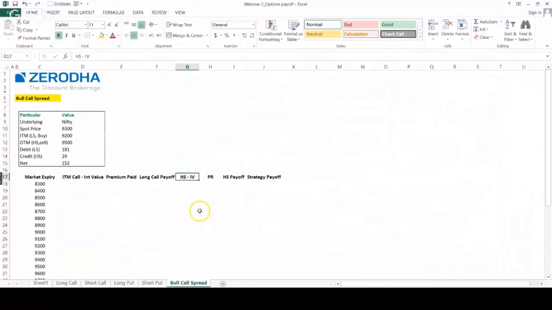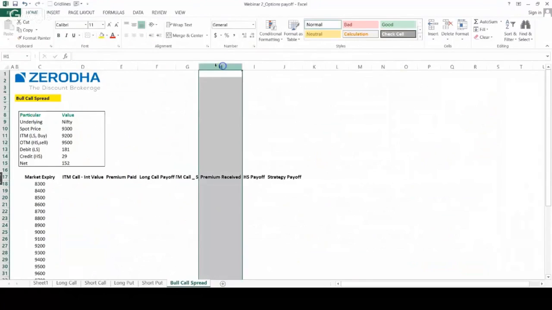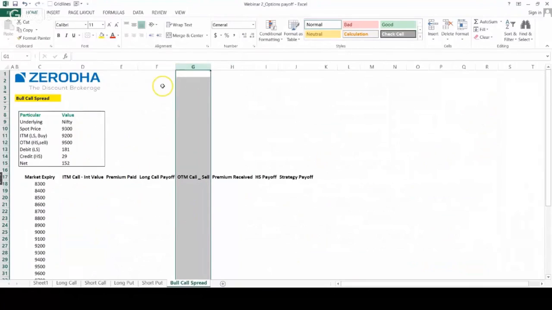Likewise, this will be my out of the money call option, which I am selling. I'm going to receive a premium, premium received. Okay, so this will all make sense shortly.